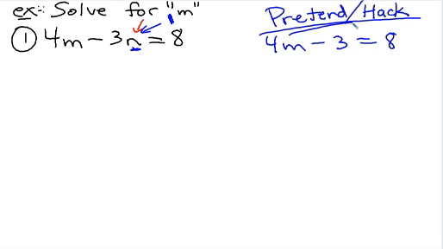This is our pretend problem. How would I solve the pretend problem? Wouldn't I add 3, because I'm solving it for m? So on my real problem, I'm going to do something similar, only instead of adding 3, I'm going to add 3n.